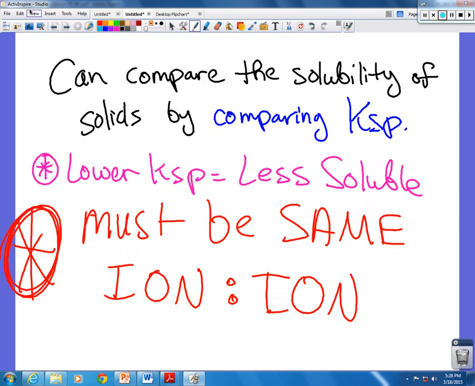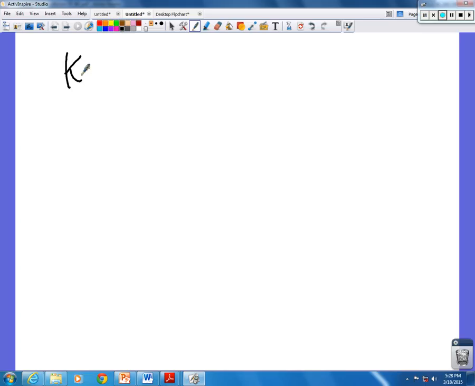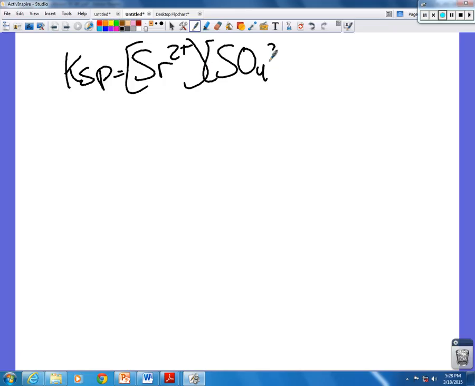So we're going to say that the KSP is equal to [Sr2+][SO4 2-]. And what was the KSP value? You guys have it right there in front of you for strontium sulfate. Be careful. 10 to the negative 7th. That was a bad 7.